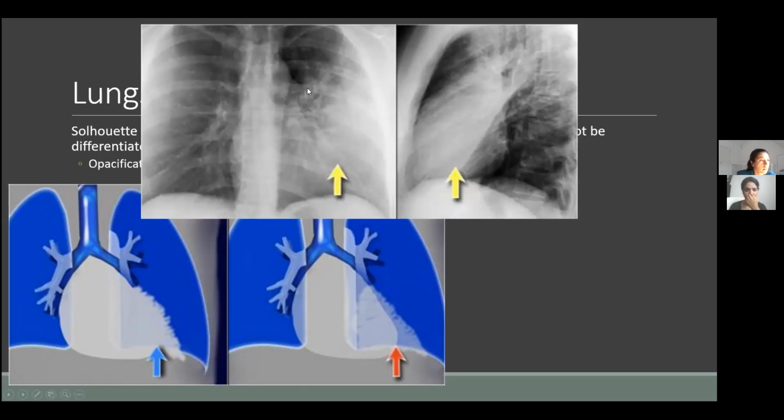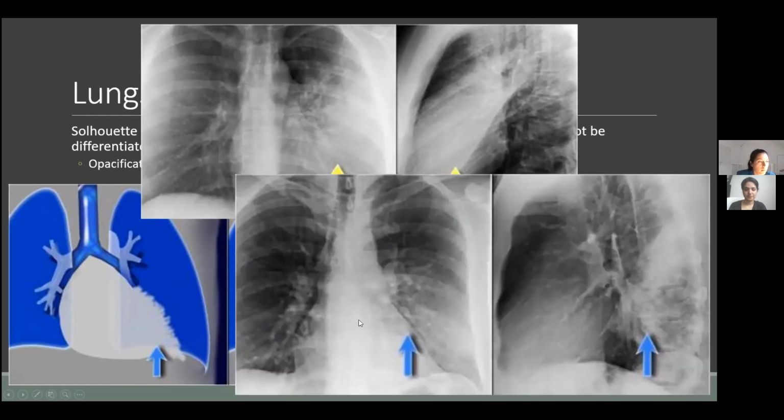This is the first example, the left picture: you have a consolidation, you are not able to see the margins of the heart, so this is a consolidation in the lingula. And you have the second example where you are able to see the left border of the heart. You still have a consolidation in the left lung, but if you look at the lateral view, you see that the consolidation is more posteriorly located. So it's in the left lower lobe.